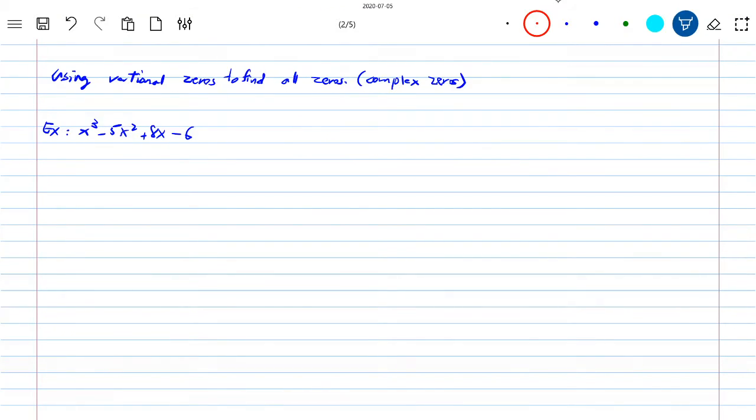Using rational zeros to find all zeros of a polynomial. We've discussed this already. If you remember, there was a P over Q. P depends on the factors of the constant, and Q would come from the factors of the leading term coefficient.